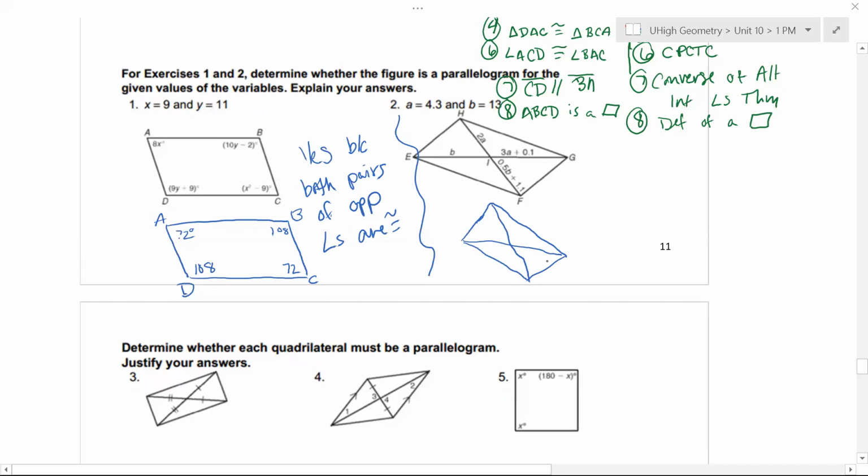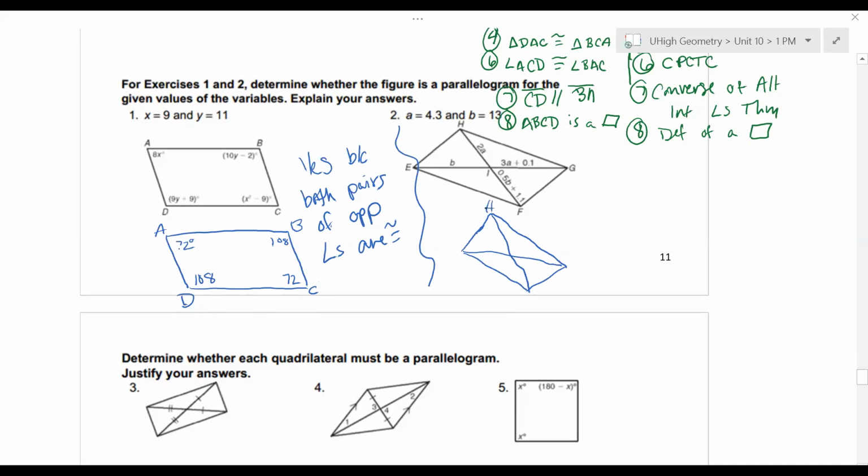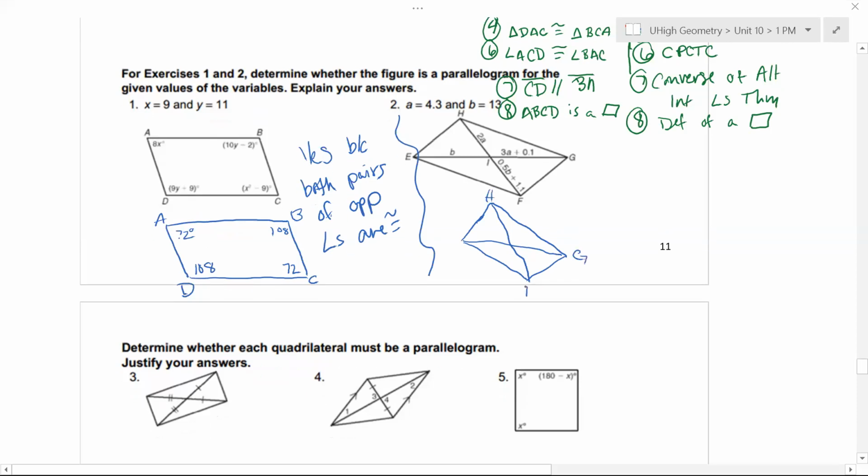So I have H, G, F, E, and that point where my diagonals intersect is I. So HI is 2A, where A is 4.3, so that is going to be 8.6. IF is 0.5B plus 1.1, where B is 13, so that is going to be 7.6.